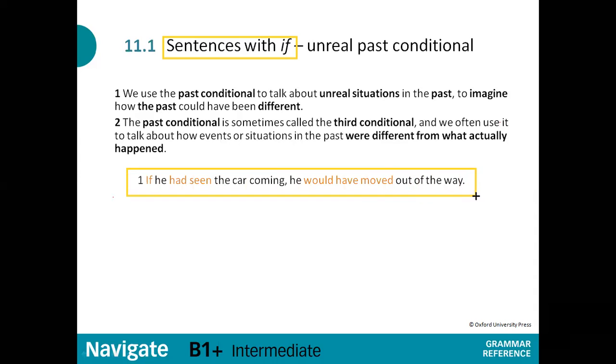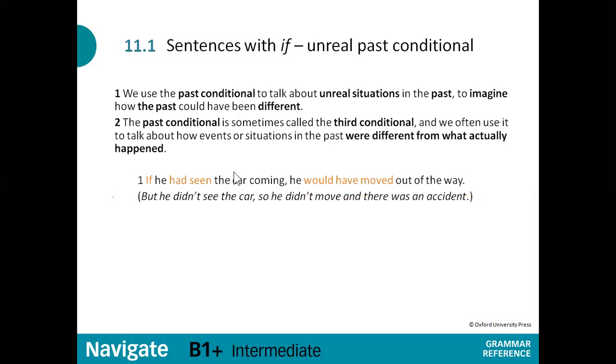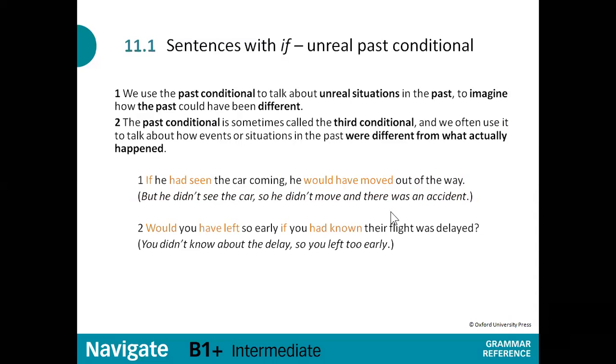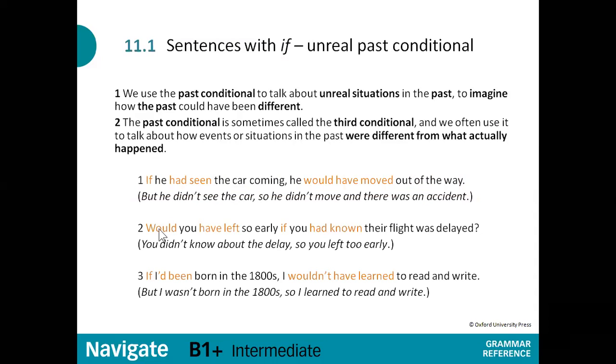If he had seen the car coming, he would have moved out of the way. It means that he didn't see the car coming, so he didn't move, and there was an accident. All right, next sentence. Would you have left so early if you had known their flight was delayed?